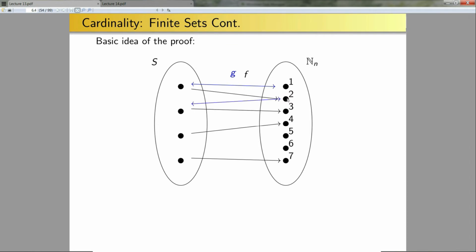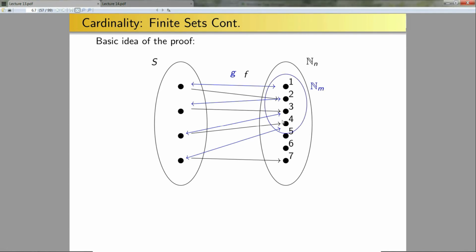So I can remap this to here. So now I can continue. 4 has something that maps to it, so let's remap that to 3. 5 doesn't, so I don't have anything to do. 6 doesn't, so I don't have anything to do. 7 does, so I'm going to remap this element that maps to 7 to 4. Now, I'm out of elements of S. There's nothing else that S maps to.